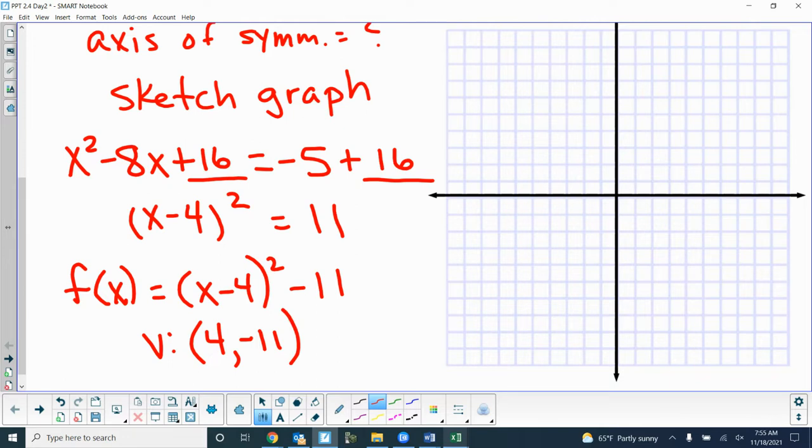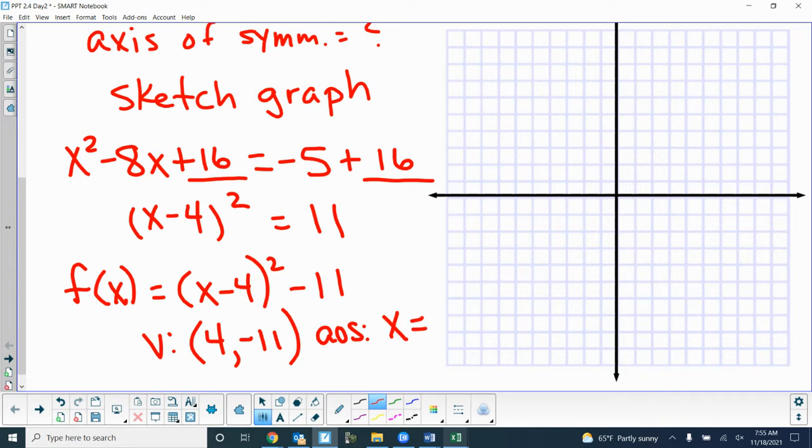By the way, does this parabola open up or down? Up. What's our a value? 1. Positive 1, right? When the a value is positive, this number in front of the x squared is positive, it opens up.